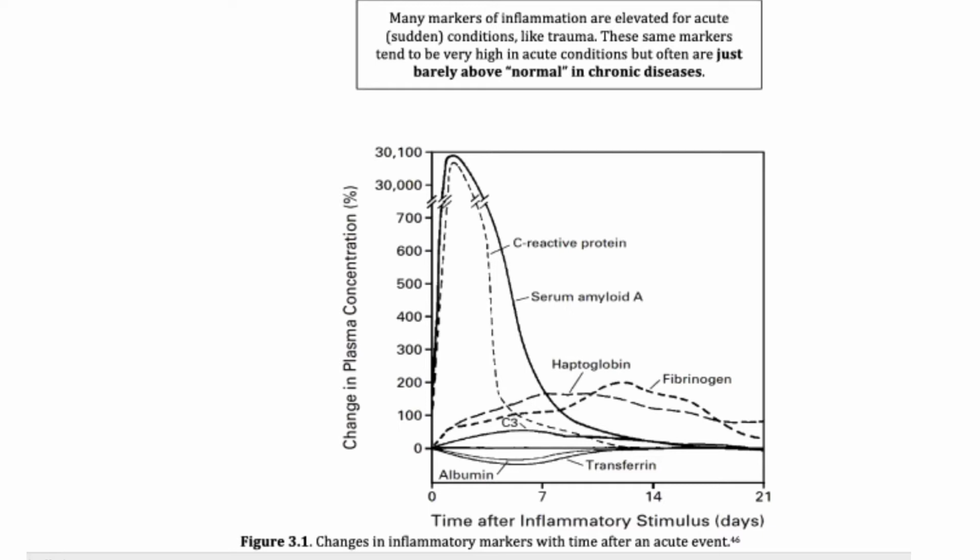You don't have to know this, but a half-life is if a marker goes up and the process causing that marker to go up is taken away, how long does it take for that marker to go back down? So the half-life is the amount of time it takes for it to go half, half, half, half, half. So different markers have different half-lives.